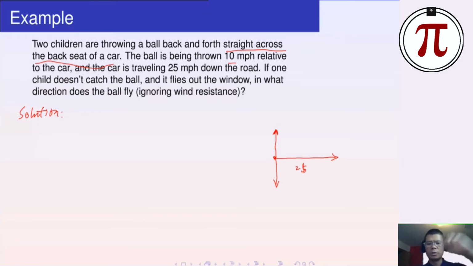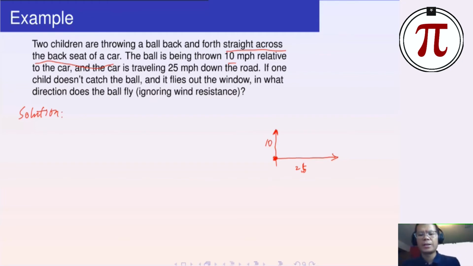It's going either to the top or vertically downwards. Now this speed is 10 miles per hour. So let's firstly assume that it's going upwards.